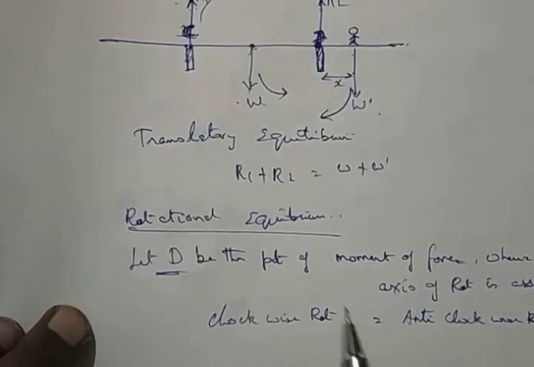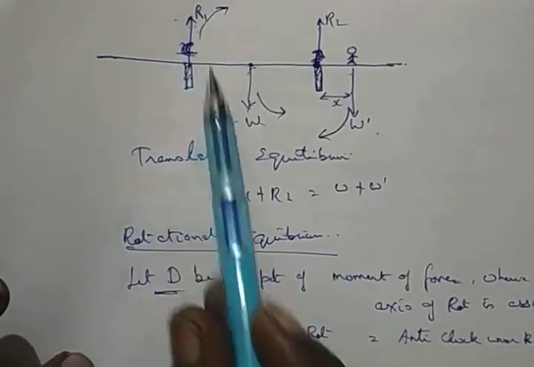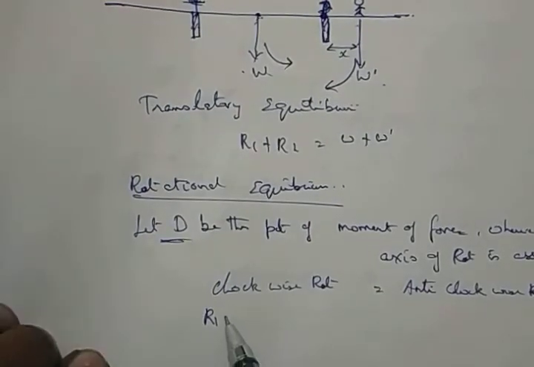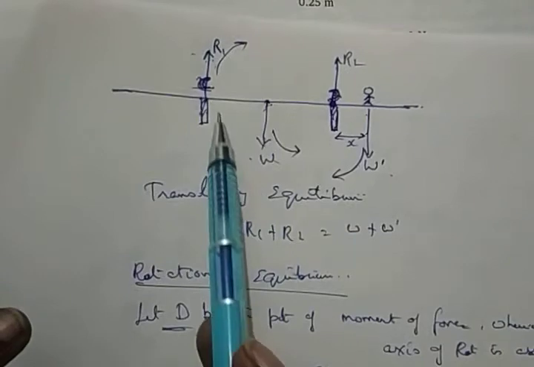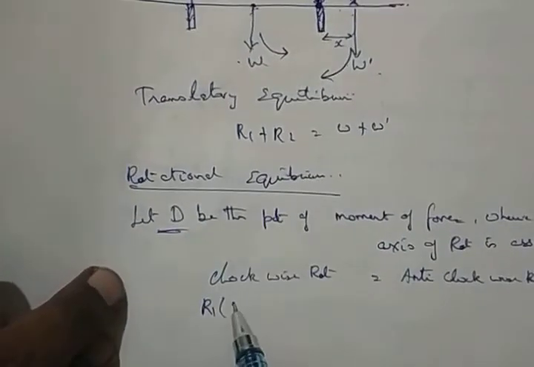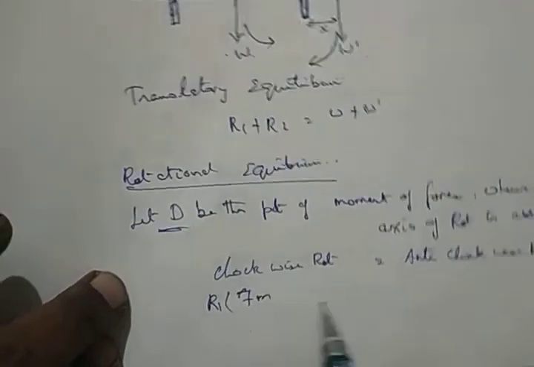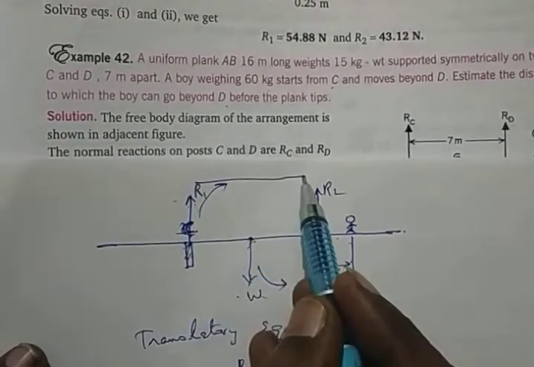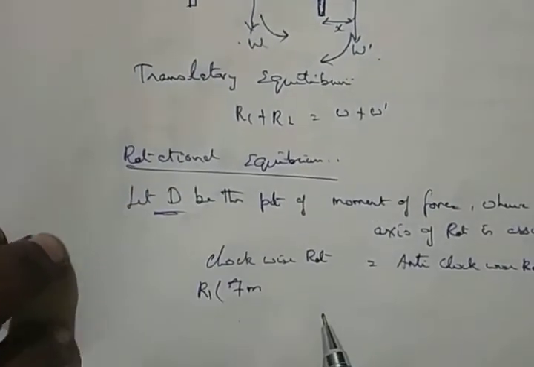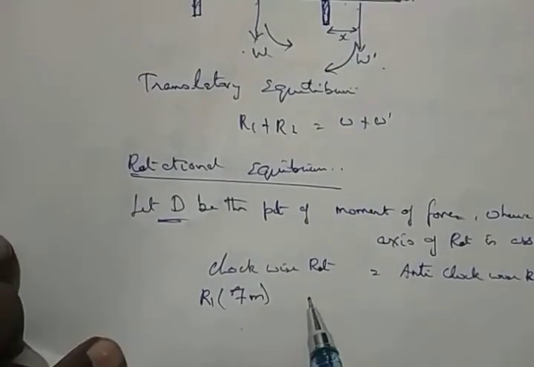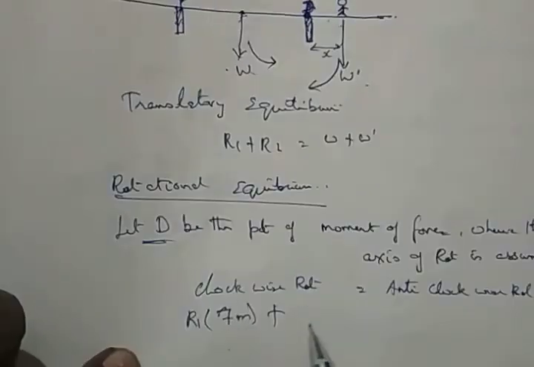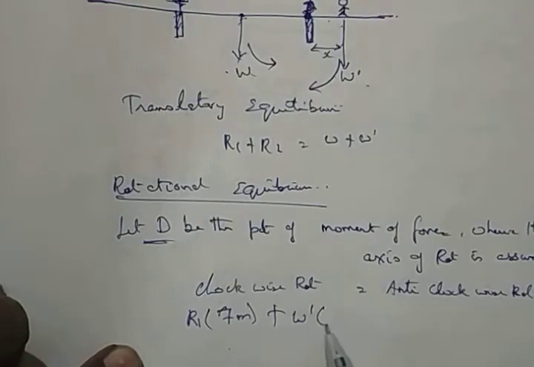You need to find out R1 into, what is the distance from here to D? It is already 7 meter, because this is going to be 7 meter long, right? 7 meter plus this is also clockwise rotation, W dash into X.